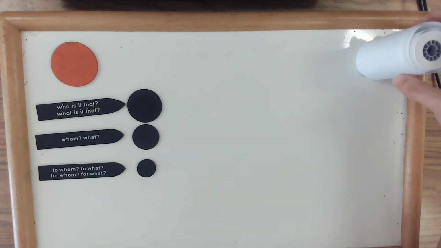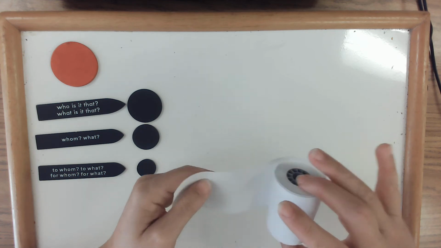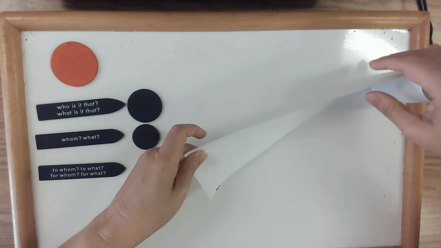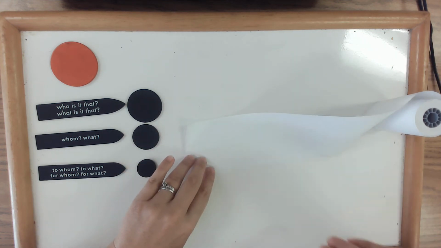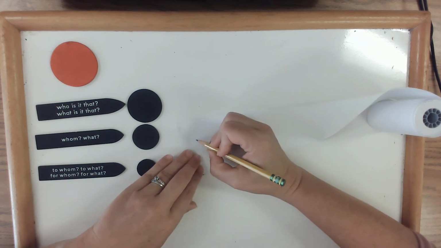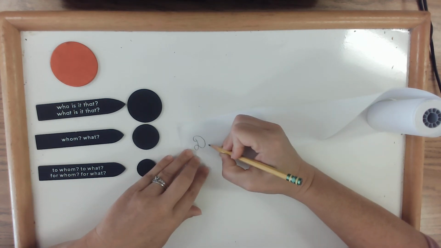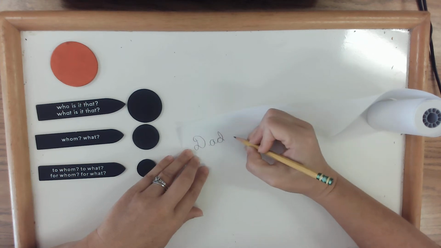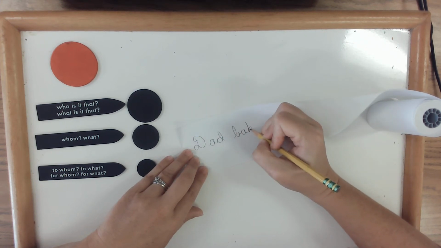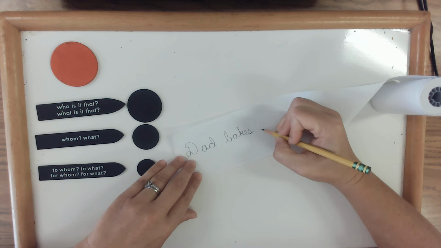So we're going to write another sentence. This time I'm going to take the same sentence I had before, but I'm going to add a little something else. And it says, Dad bakes a cake.